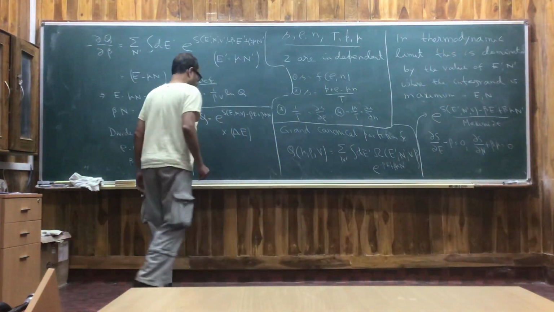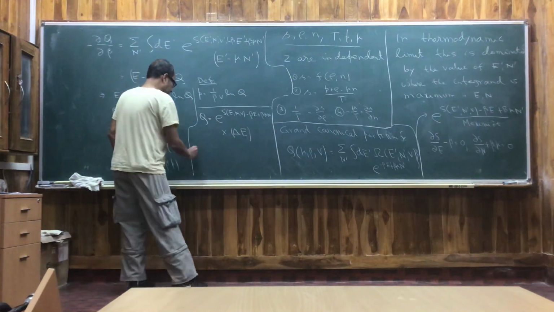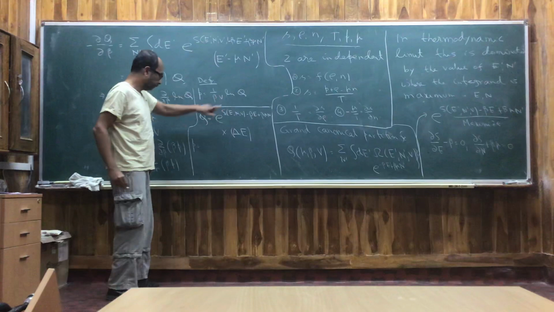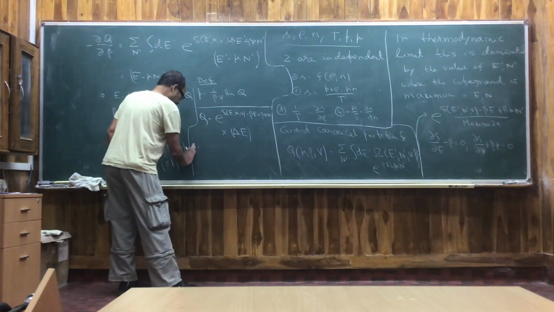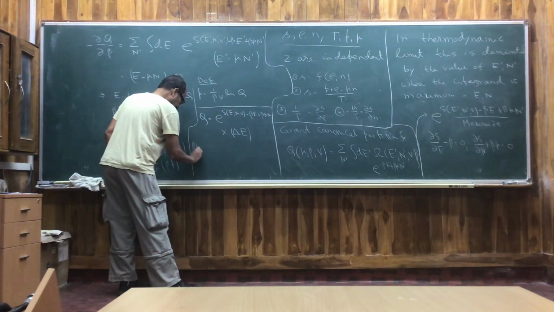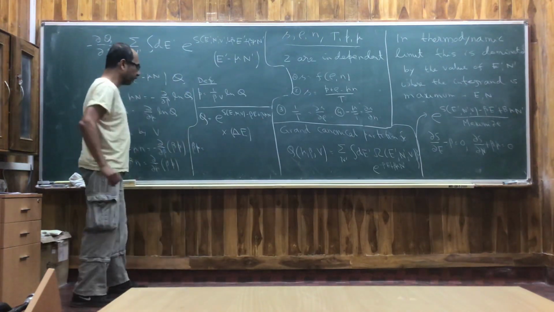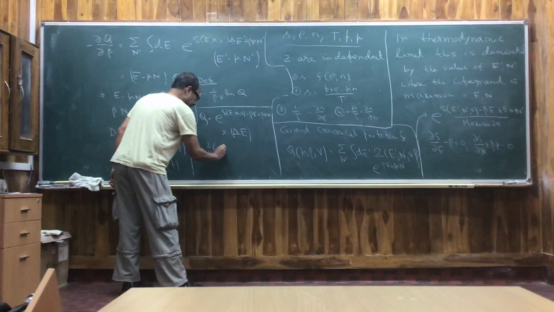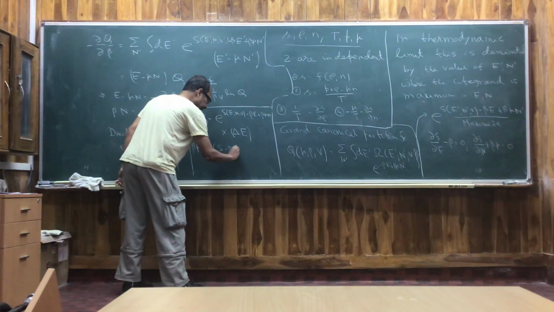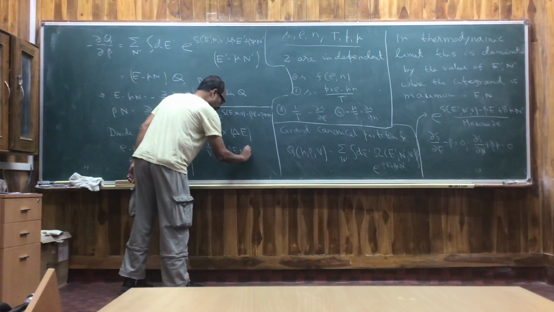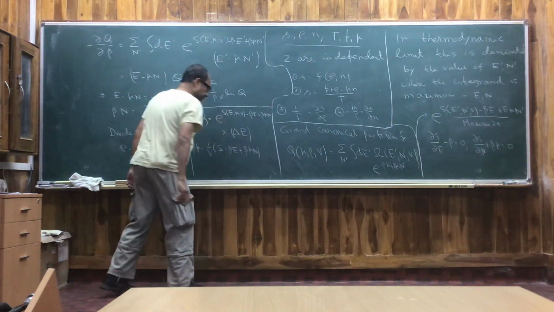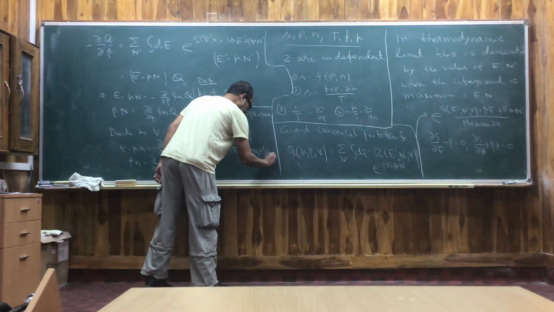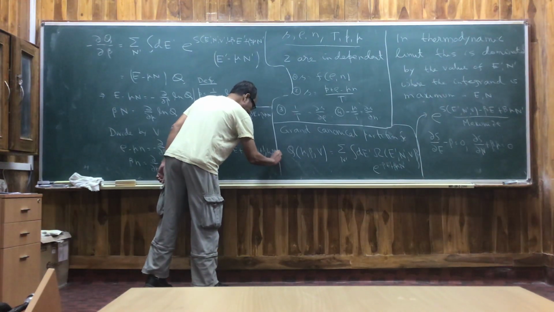So then P, according to this, is 1 over beta V log Q. So let me write beta P: beta P is 1 over V log Q. So 1 over V times S minus beta E plus beta mu N, plus 1 over V log delta E. But this is negligible because V is going to infinity.